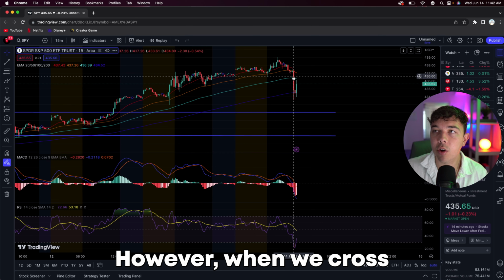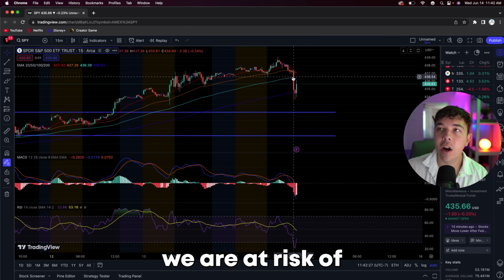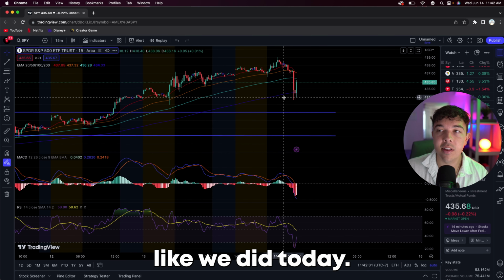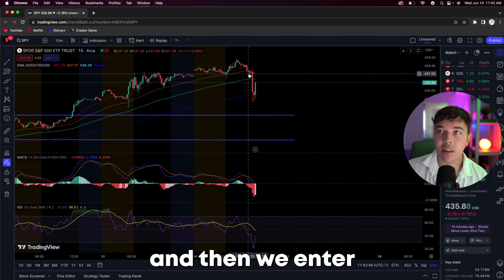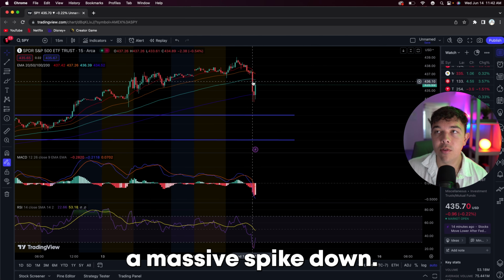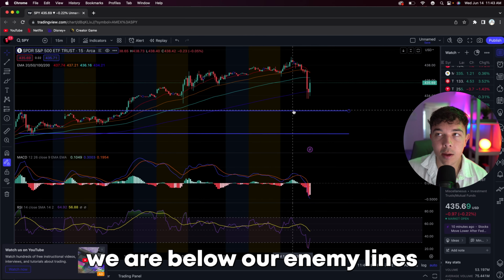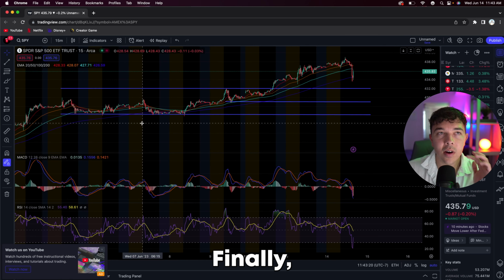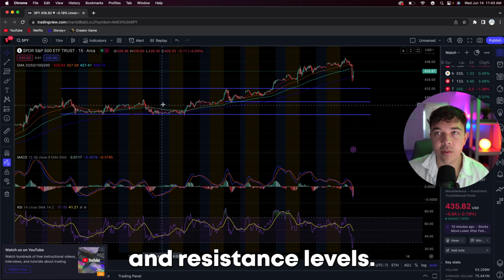However, when we cross into the middle of them, we are at risk of having this massive red candlestick like we did today. So when we're trending above them and then we enter into the EMA lines, we are at risk of having a massive spike down. Or if we are below our EMA lines and we start trending into our EMA lines, we can have a massive spike up.